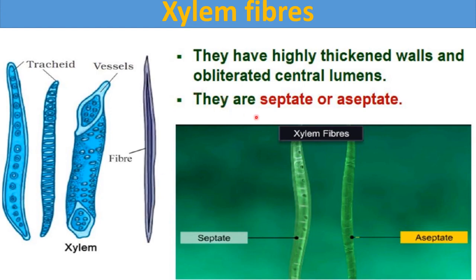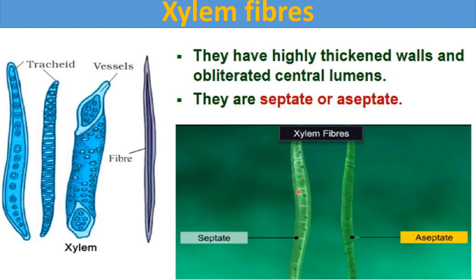They are septate or aseptate, so two types of fibers are found in xylem. Here you can see a diagram of both septate and aseptate types of fiber. This is a septate xylem fiber. Septate means septa is present, a type of cross wall.